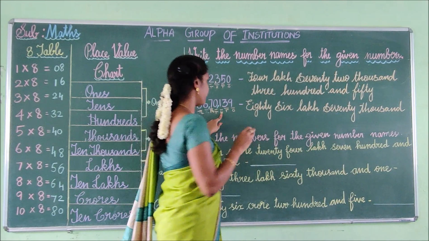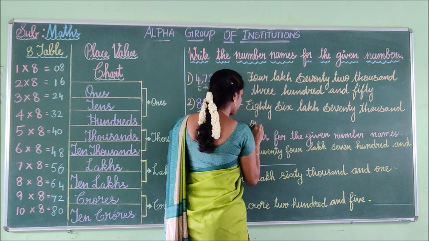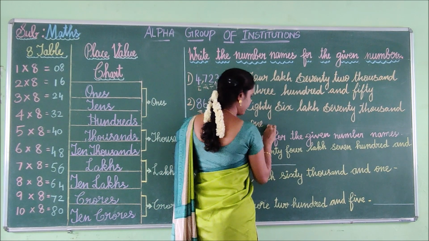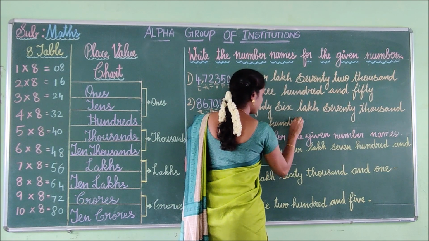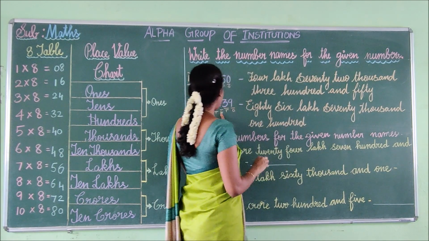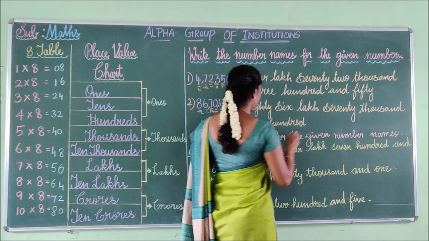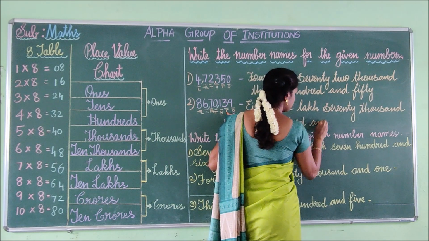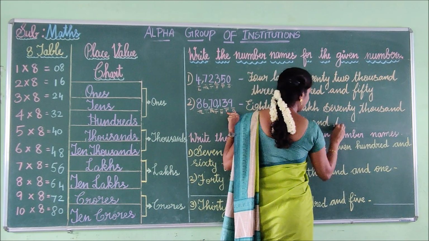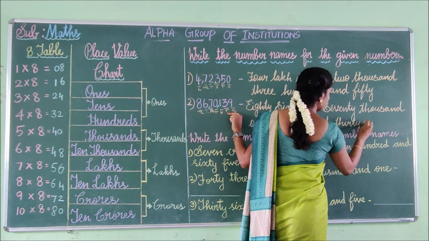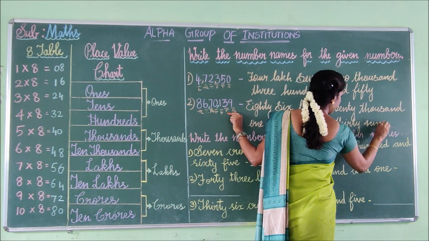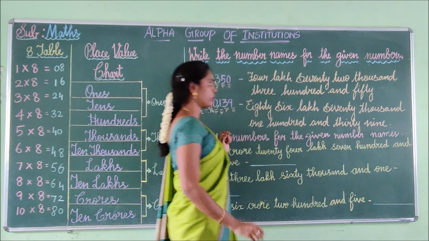Next, 100. One hundred. And 39. Thirty. Nine. 39. Okay, that's all, children.